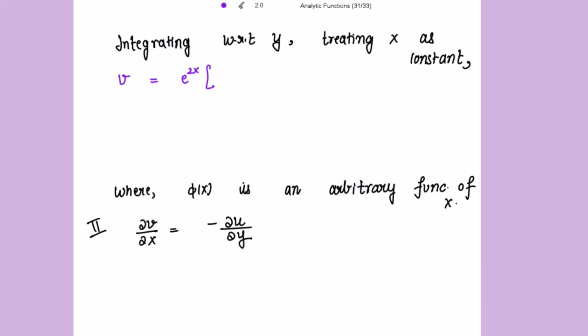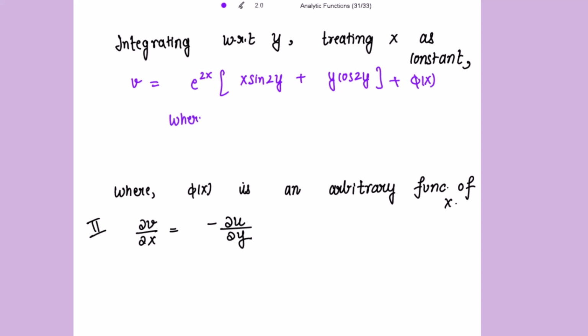When you integrate this completely, you get x sin 2y plus y cos 2y plus phi(x), where phi(x) is an arbitrary function of x.